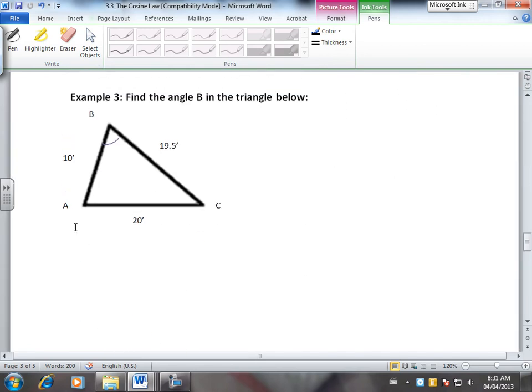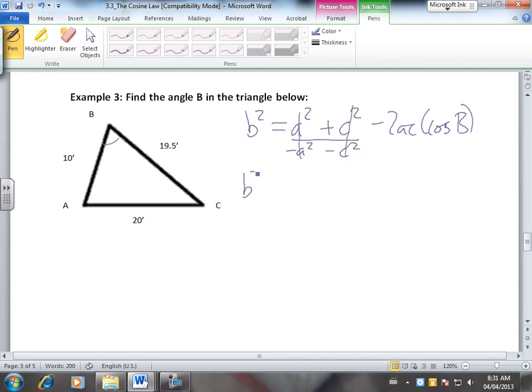Okay, so we're looking for angle B. So we're going to use the version that starts with b. B squared equals a squared plus c squared minus 2ac cos b. Okay, so this time instead of filling in my values, I'm going to isolate cos b right away just to show you an example of this. So I need to move these two over, so I'm going to minus a squared and minus c squared, and they'll cancel out.